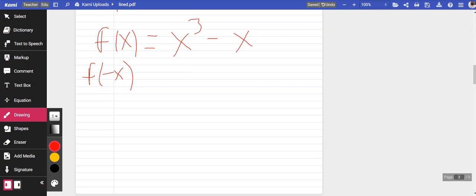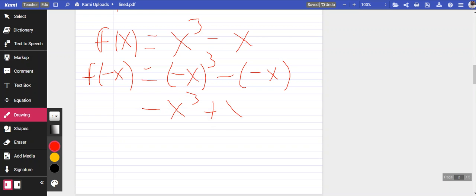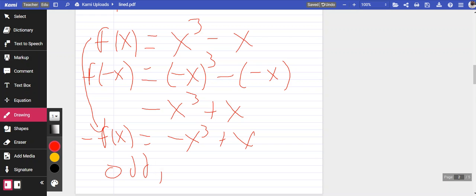If I plug that in, I get negative x cubed minus a negative x. Negative x cubed is negative x cubed, and this is plus x. If I take the function and take all the opposites, this is negative x cubed plus x. There it is: f of negative x is equal to negative f of x. Then this is an odd function, and so it has symmetry with respect to the origin, or rotational symmetry.